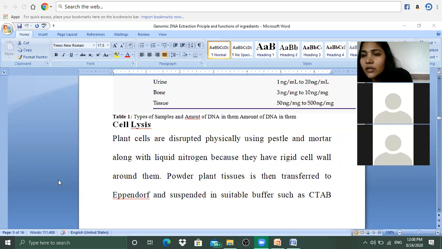You'll be taking a plate of cells, centrifuging it and taking the pellet of the cells. So that is the sample. Plant samples and bacterial samples are very easy to do. Animal and mammalian cell cultures are a little bit difficult, but at the end of the day you have to get a pellet of the cells in order to proceed further with the DNA extraction.